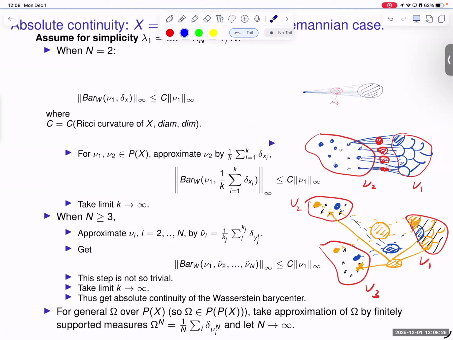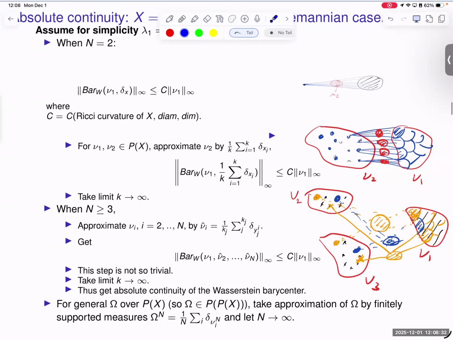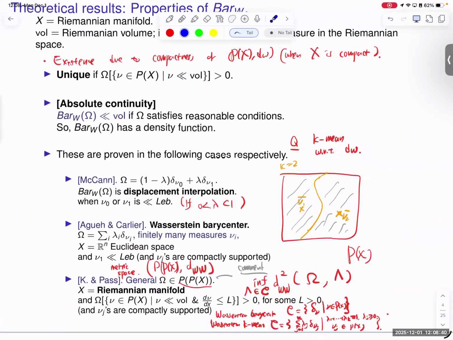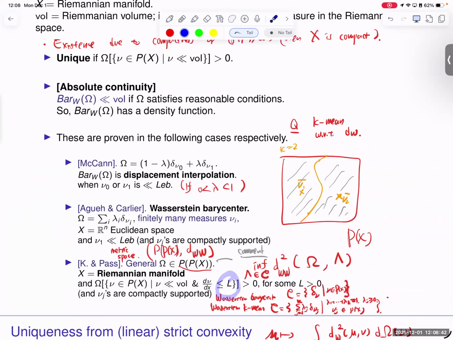But of course, this analysis assumes that this one is bounded, right? Yeah. So that's why, at least in our paper, we need that condition that this density is bounded.